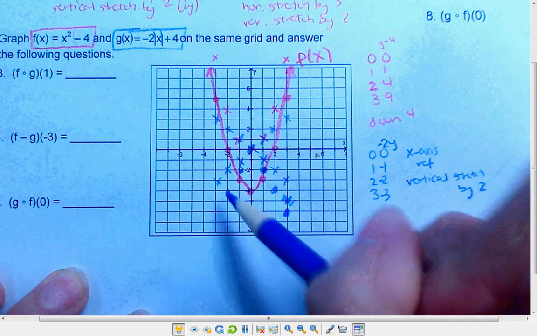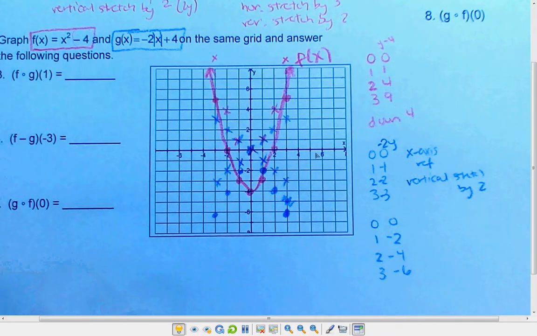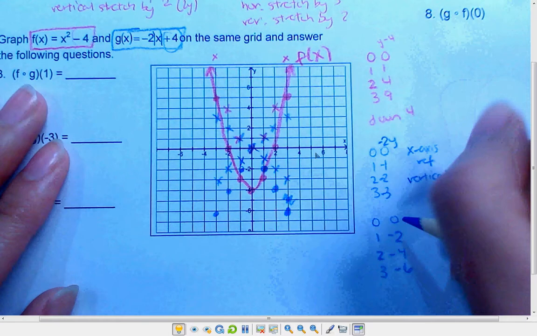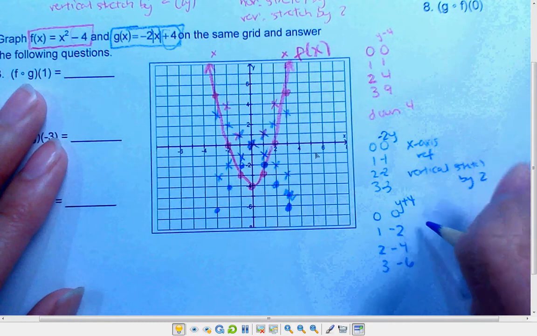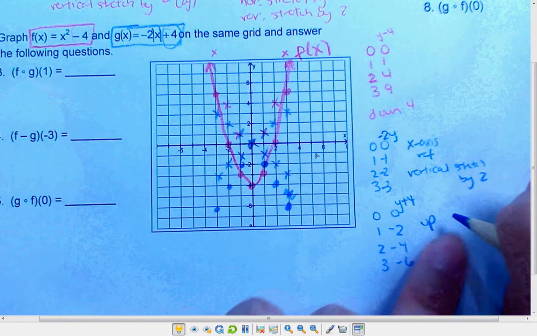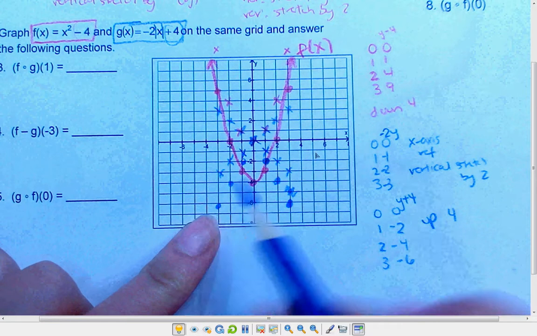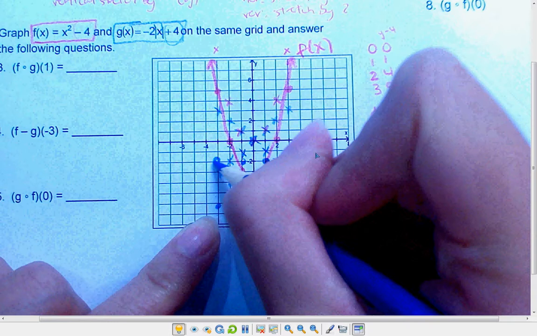And then again, 2, 4, 6. They're all being stretched vertically by 2. And now my last step is just this plus 4, so I'm going to be adding 4 to all my y values, which is a shift up 4. So each of these points is now just going to move up 4.